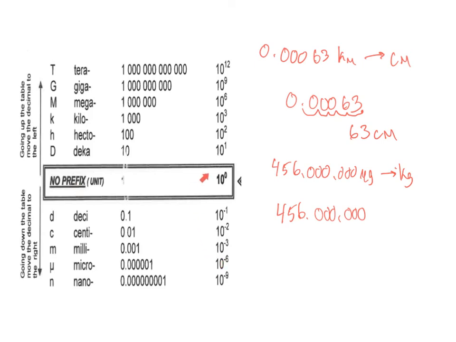Then from our base unit to kilo is another 3 decimal places, so a total of 9 decimal places. We are moving up the chart, and so our decimal point is going to move to the left. And so we want to move 9 decimal points to the left. So we're starting right here. We move 1, 2, 3, 4, 5, 6, 7, 8, 9 for a value of 0.456 kilograms.